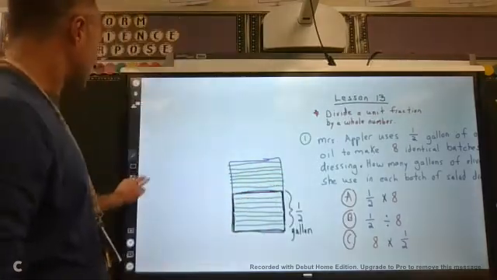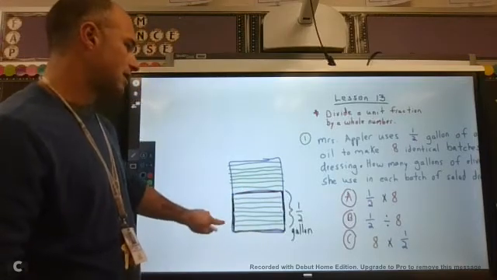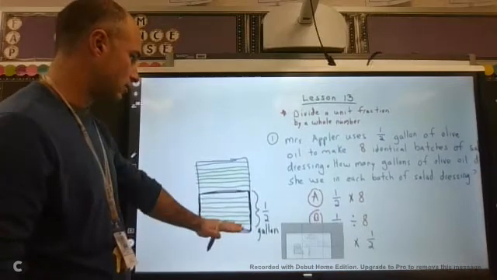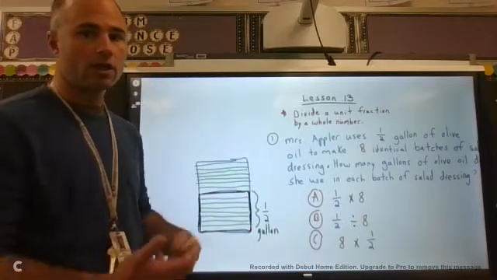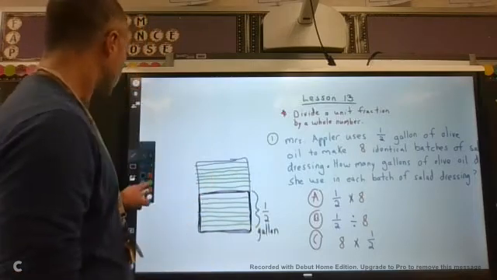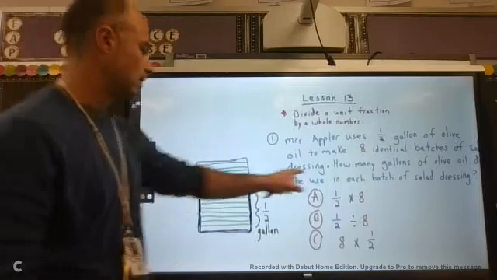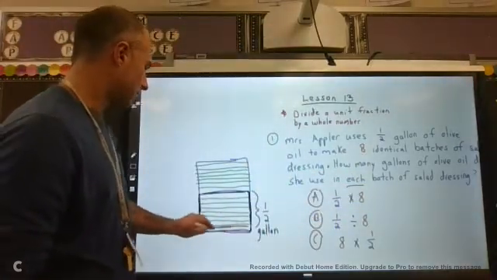So for salad dressing, 8 identical batches were made from just using this half a gallon. But how much is used of this whole gallon for just one, for each batch? Just one batch. That's going to be this piece right here.